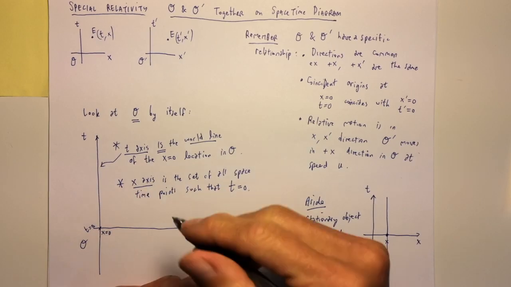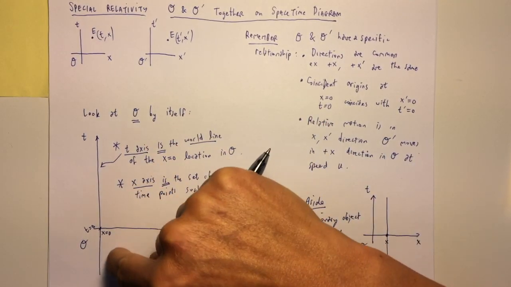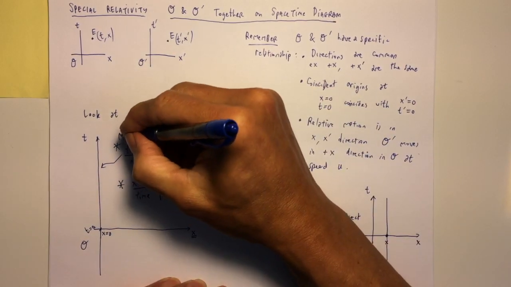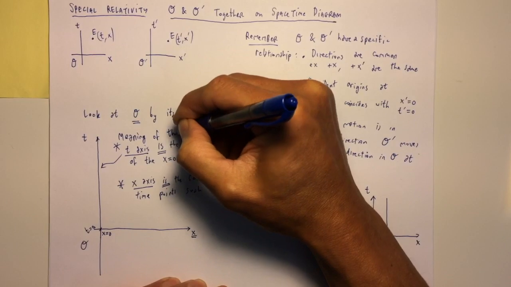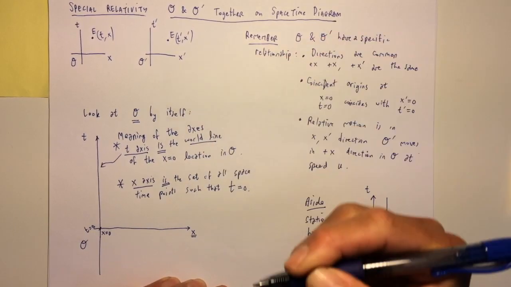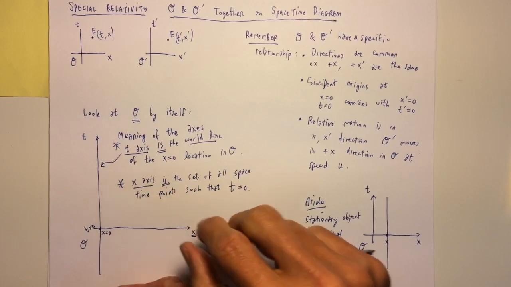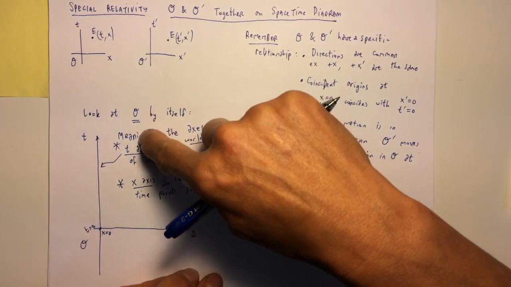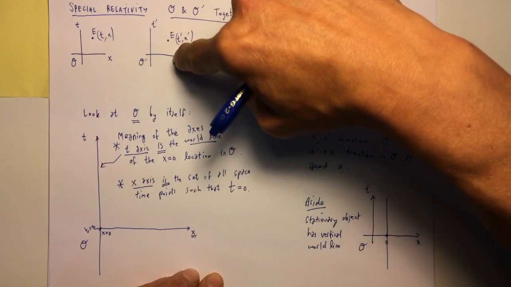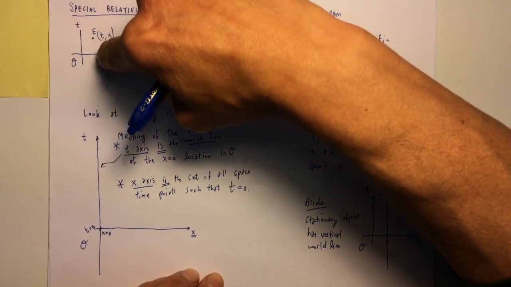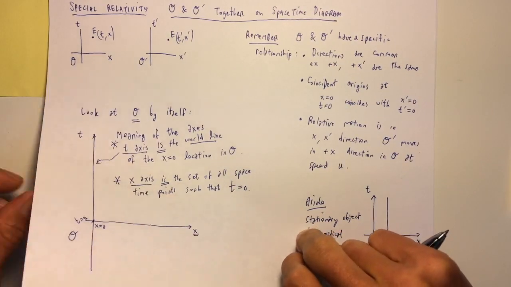So that is what the x-axis is. So what we're doing is identifying the meaning of the axes, right? So the question is going to be, what do these axes mean inside of O? That's how we're going to do this. So let's answer the question.